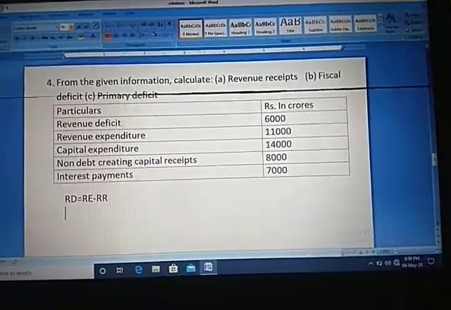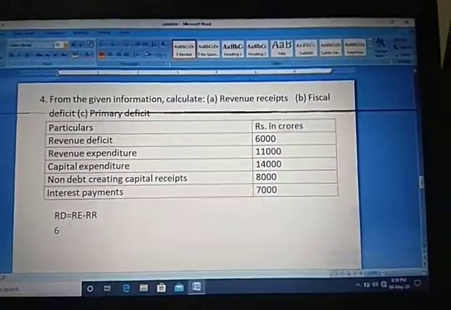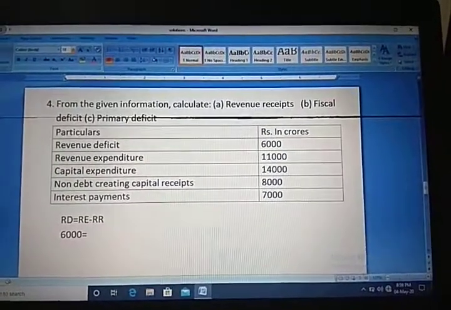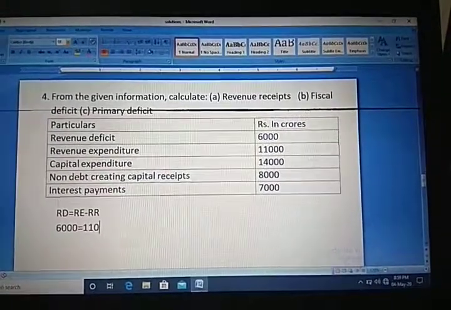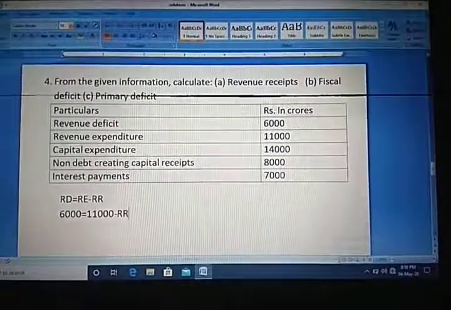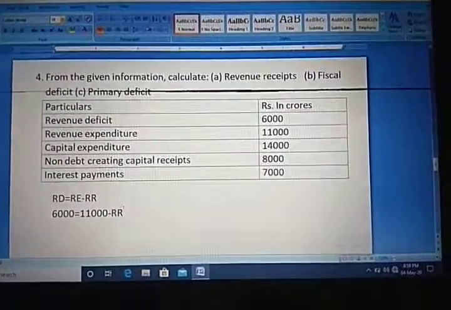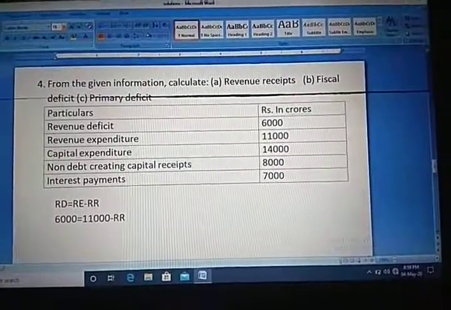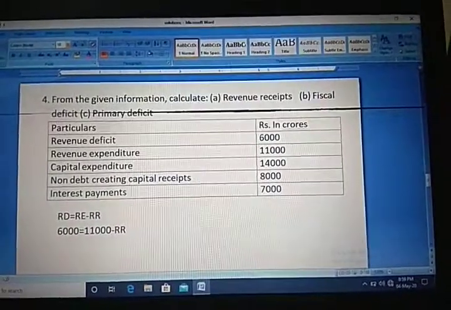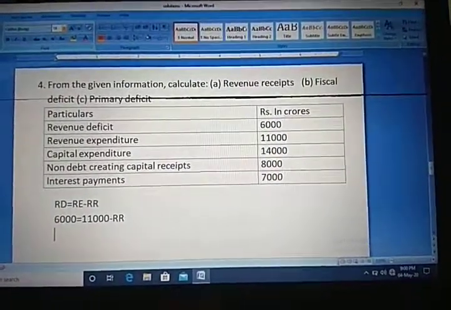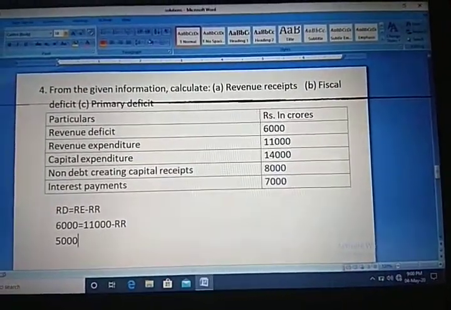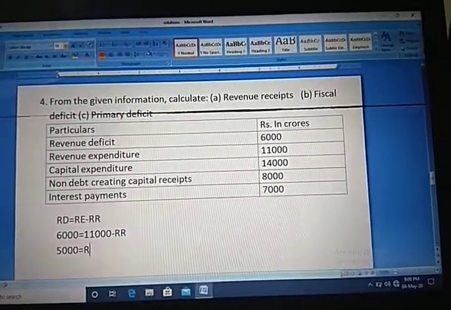Revenue deficit is given as 6,000 crores, which is equal to revenue expenditure, given as 11,000 crores, minus revenue receipt, which you have to calculate. So 11,000 minus 6,000 gives you 5,000, which is your revenue receipt.